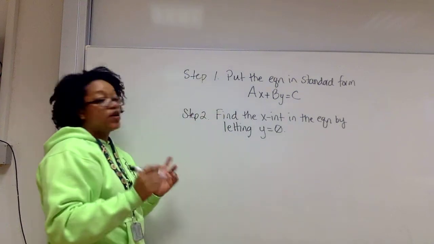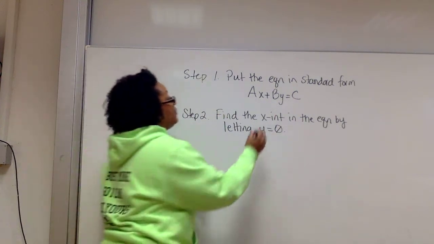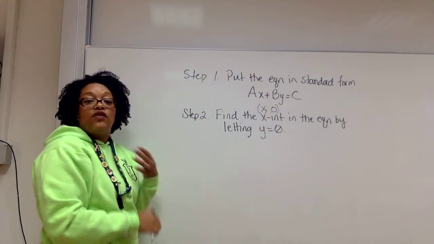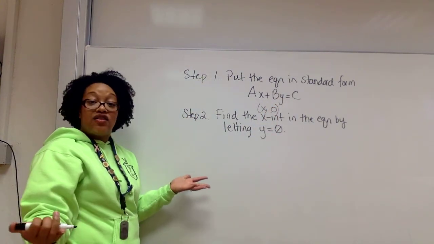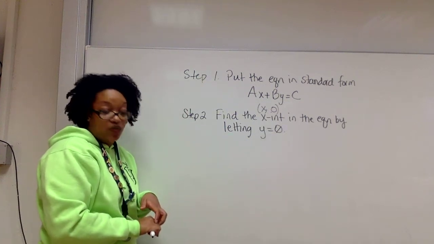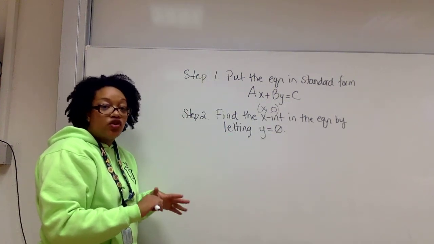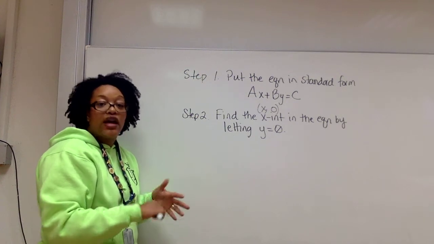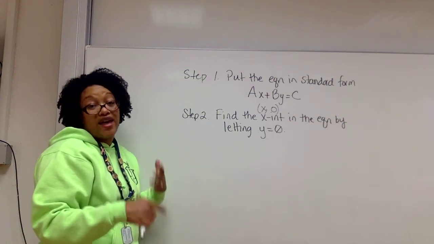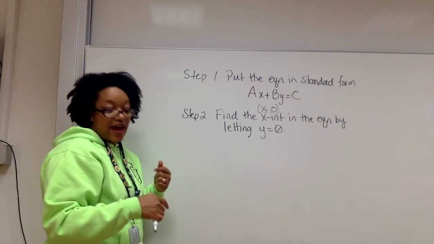Now remember, the coordinates for your x-intercept is that value of x and 0. So if I want to know where the x-intercept is in that equation, I have to let y equal 0. And I've got a little shortcut. If you don't want to use my shortcut, you can do it by hand. But I've got a little shortcut where sometimes you can use mental math and get the x-intercept really fast.